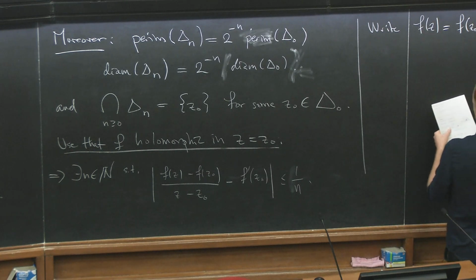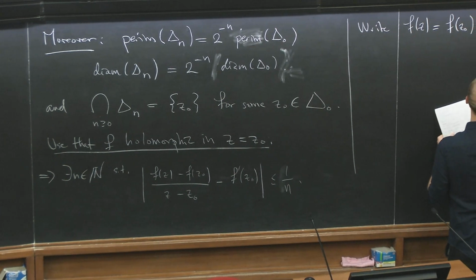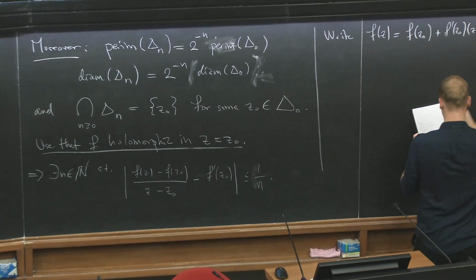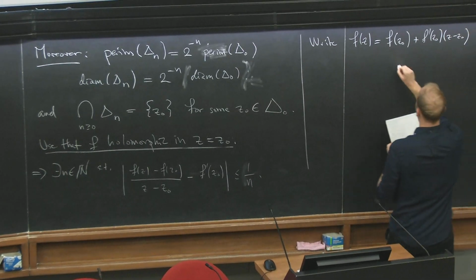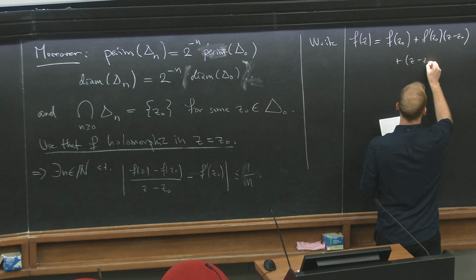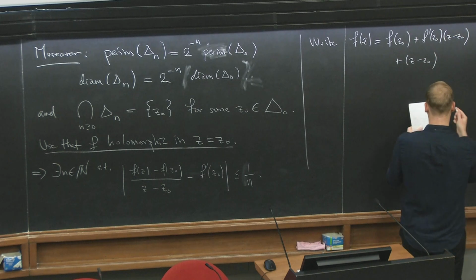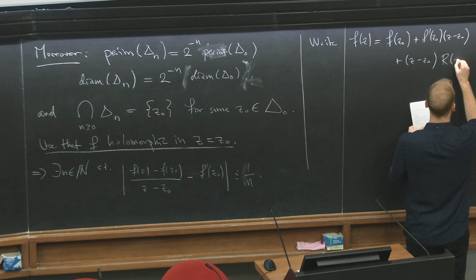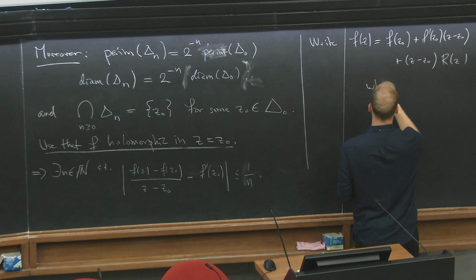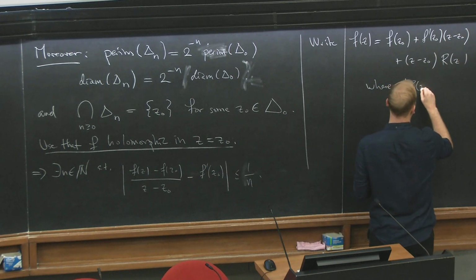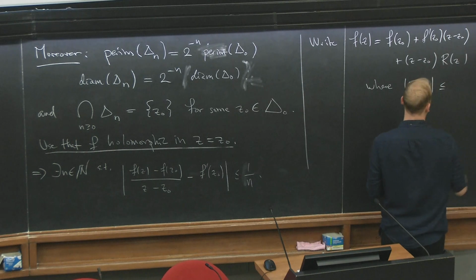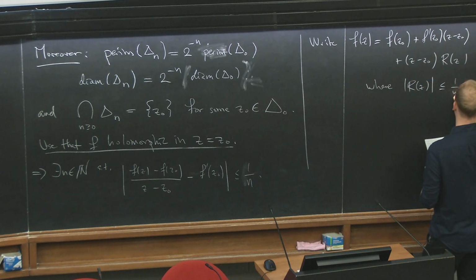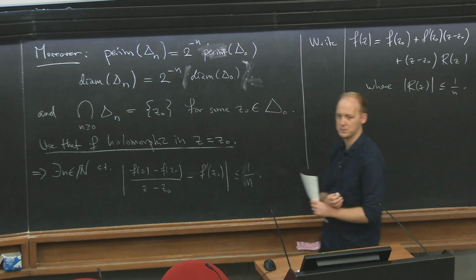So f of z0 plus f prime of z0 times z minus z0 plus this kind of remainder term which is small. Okay. So less than epsilon, but I guess that would be then the 1 over n, which is my epsilon.